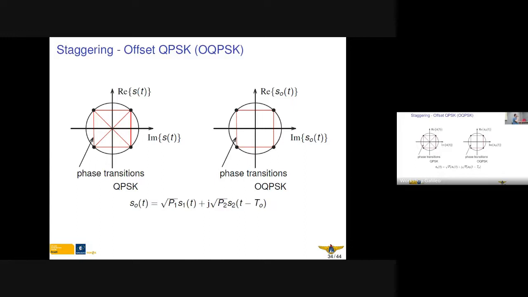But what happens if the signals are not absolutely band limited and we still use this interplexing or multiplexing scheme? Then we have also transitions between these states, so over time we could have some values of the signal. When the signal is passing from this state to this state, we have also values inside this circle.